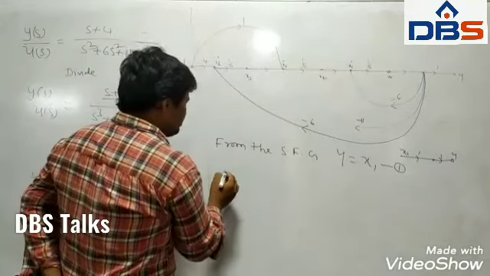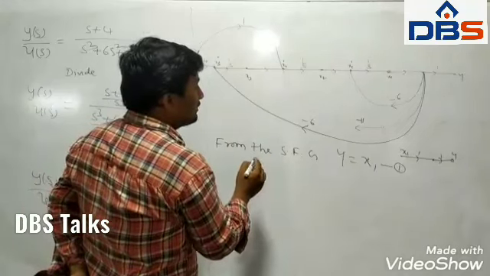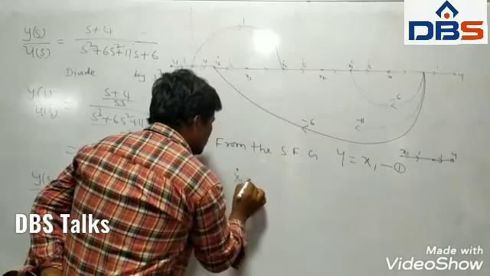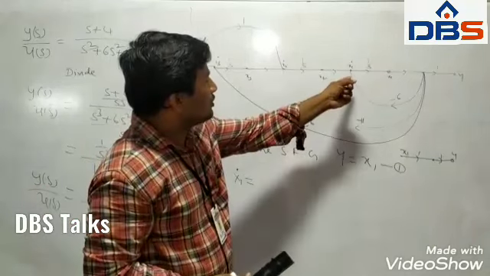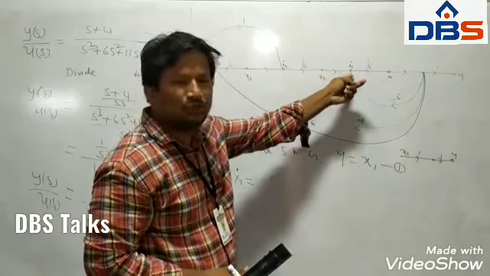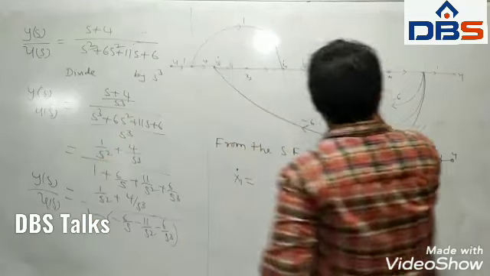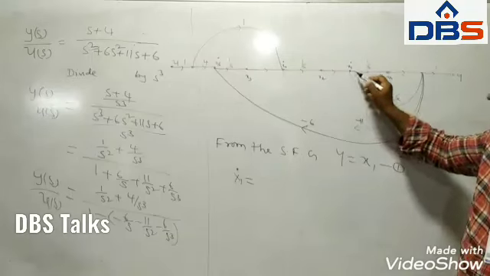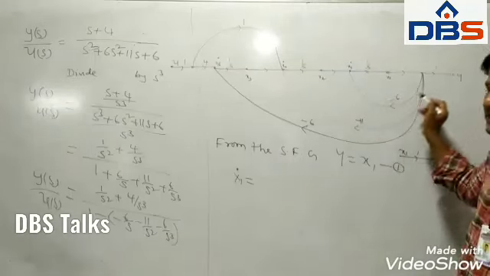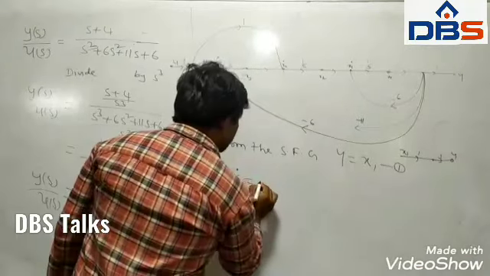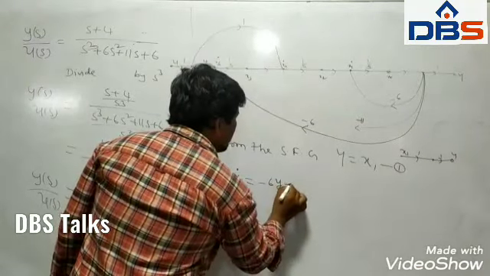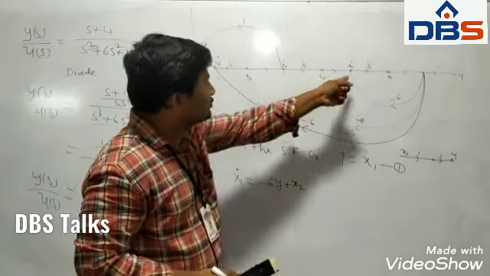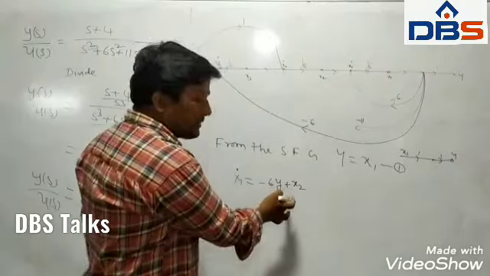Now from the SFG, x1 bar equals: identify how many paths are coming to x1 bar. Here two terminals are there. One is x2 coming to x1 bar, and minus 6y is coming to x1 bar, that is minus 6y plus x2.